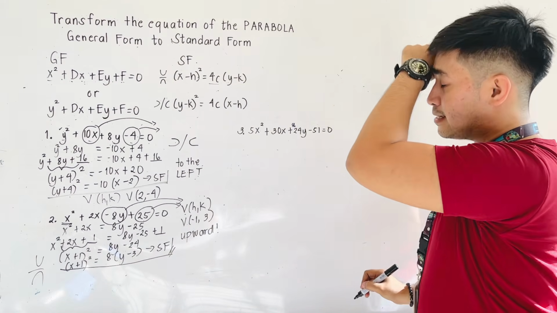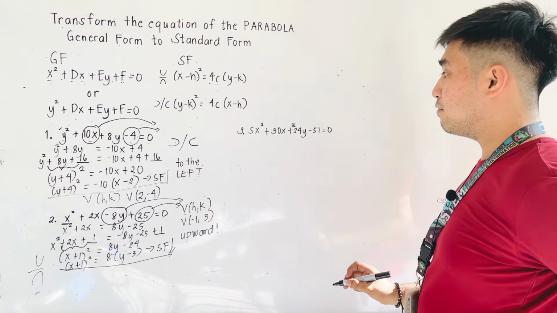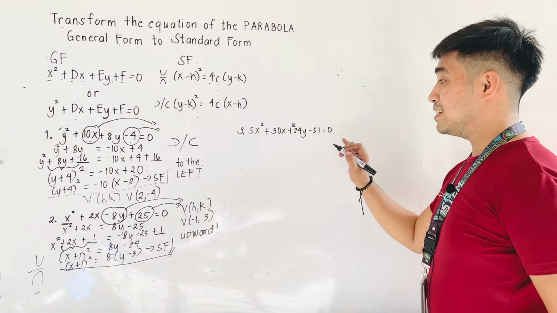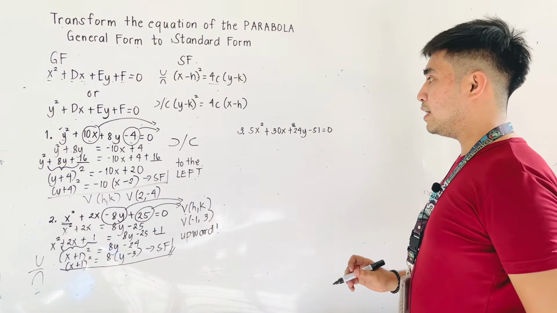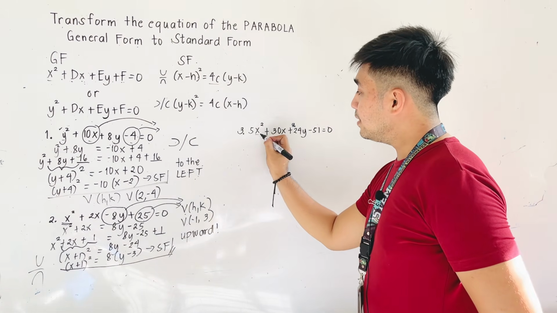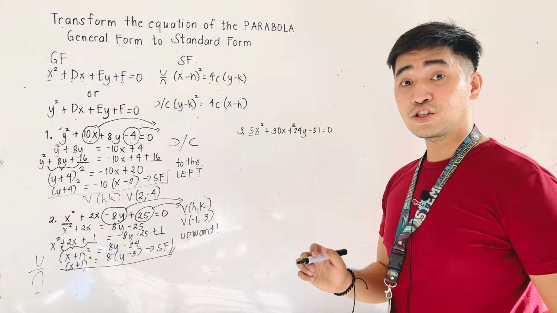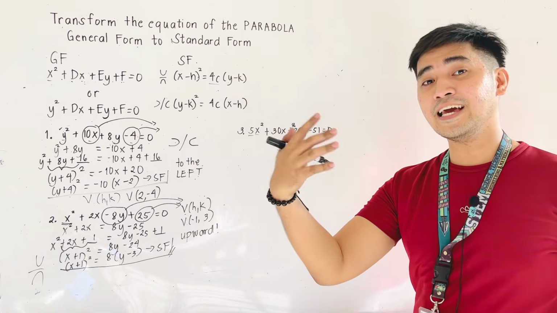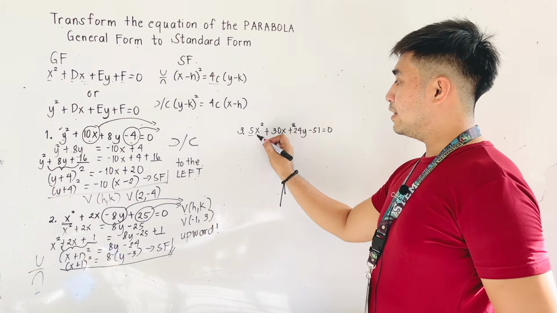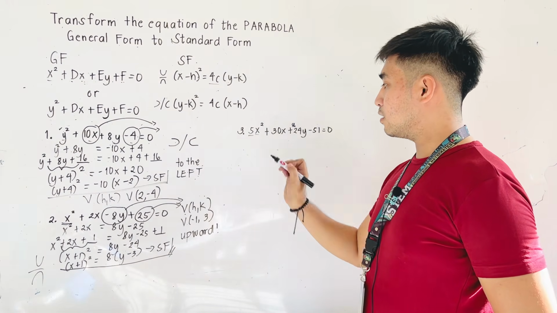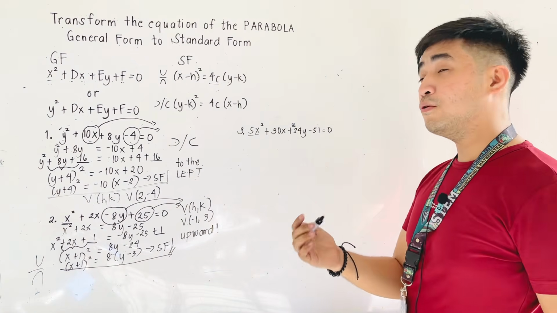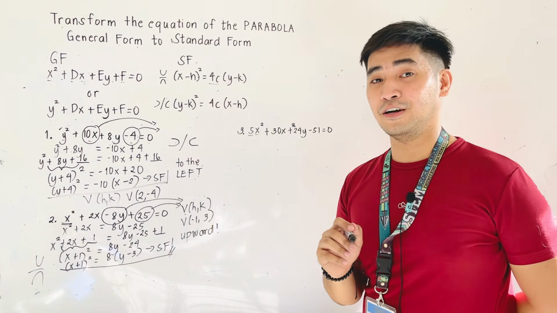Okay, and for the last example, we are given 5x squared plus 30x plus 24y minus 51 is equal to 0. So, what can we say about the equation? x squared now has a coefficient. Just like in our past discussion regarding the circle with an equation having a coefficient in x squared and y squared, all we have to do is to factor out that coefficient.